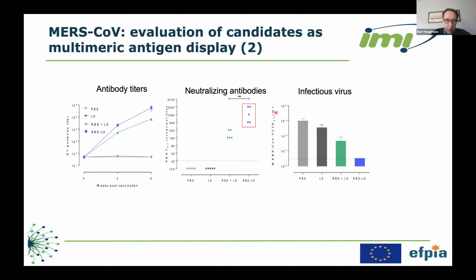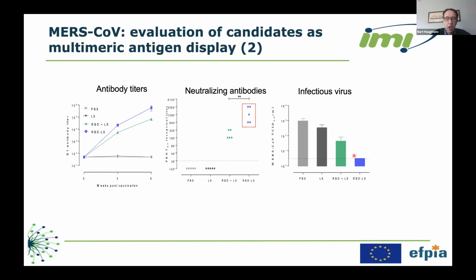So that's shown here. On the left, you can see the antibody titers, indicating that coupling enhanced antibody titers. It's a log scale, so these are 10-fold higher antibody levels that are capable of neutralizing the virus. It's shown in the middle. And here also you can see in the box plot the animals that were immunized with the coupled RBD.